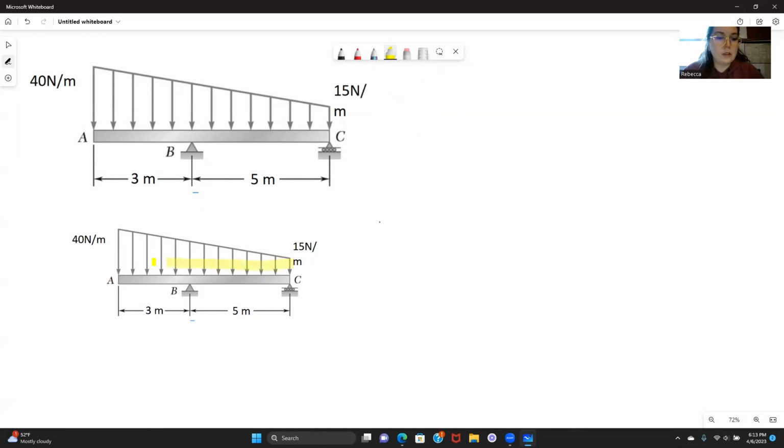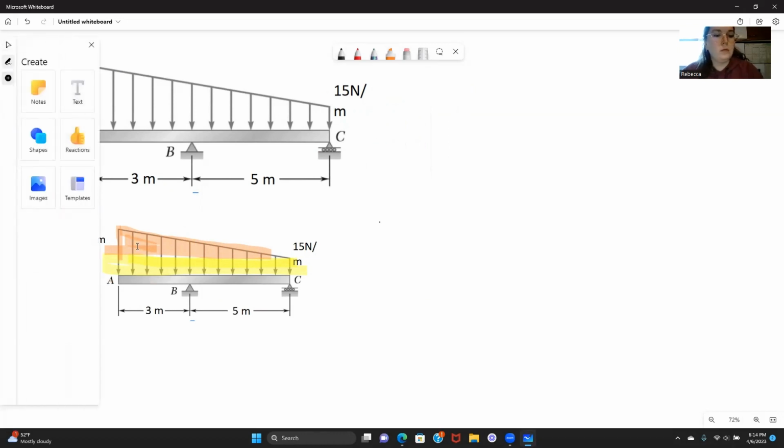Our yellow area is going to be this rectangle here, and then the second area I would see would be a triangle. I'm going to call area 2 up top, and I'm going to call the bottom one area 1.